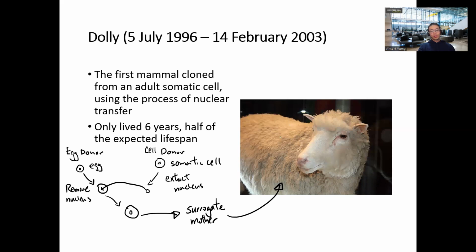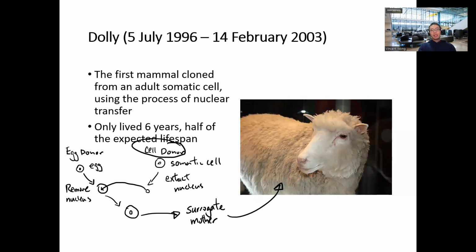So this Dolly is a clone of the cell donor, not the clone of the egg donor, because the egg donor was just providing the egg, where they removed the nucleus. And not the surrogate mother, because the surrogate mother, as the name implies, is just the sheep that provides the womb for the sheep to grow, right? So this is genetically identical to the cell donor. So far, hopefully you're with me.